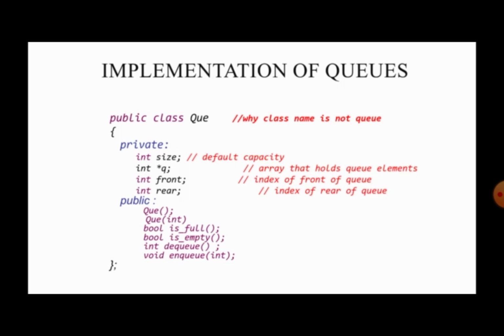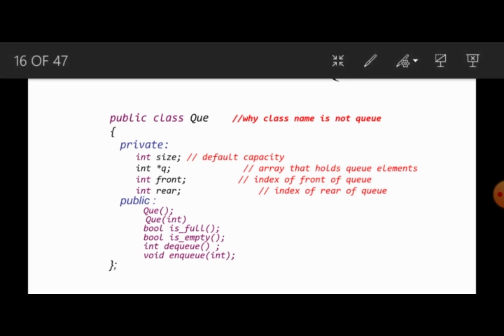The methods which are in the public part: first one is the constructor, which is a default constructor. It is by the name of the class, and we do not pass any argument in the default constructor.